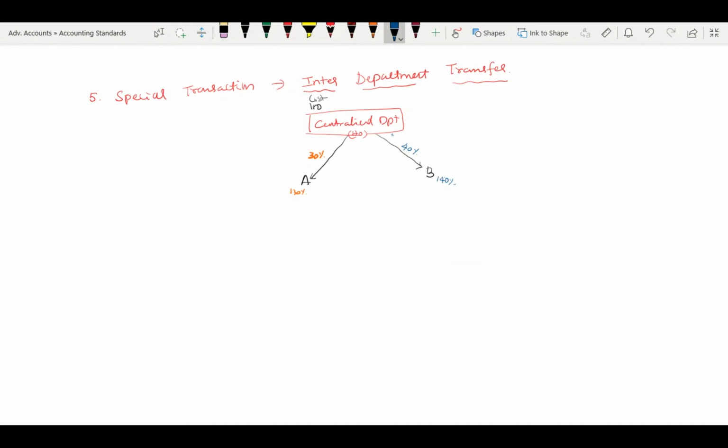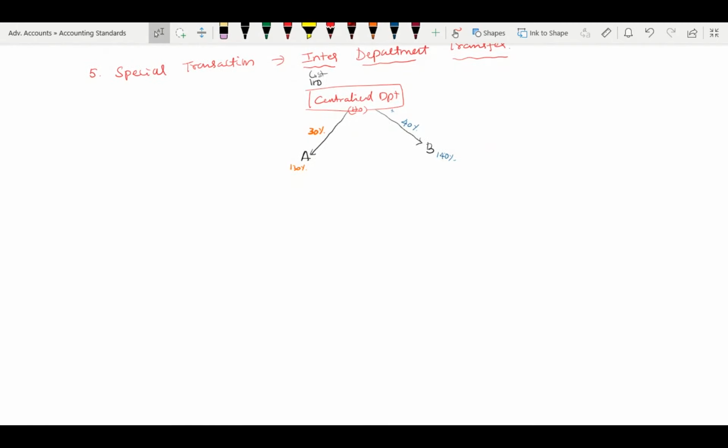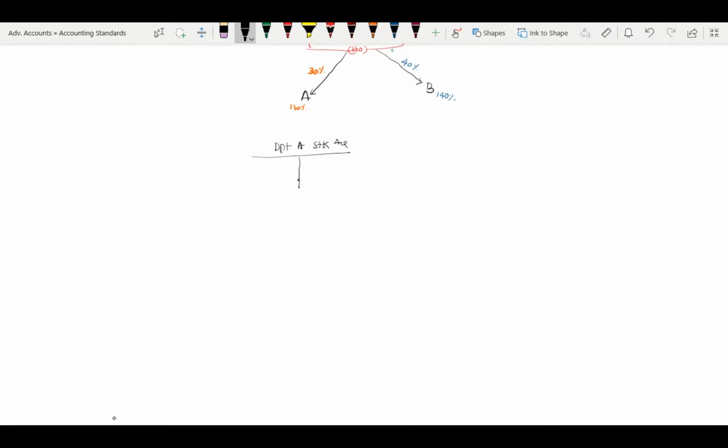Now look out what happened. Each individually we have to maintain. One is the departmental stock account separately: Department A stock account. Correspondingly, for this Department A, I am supposed to maintain a markup account.